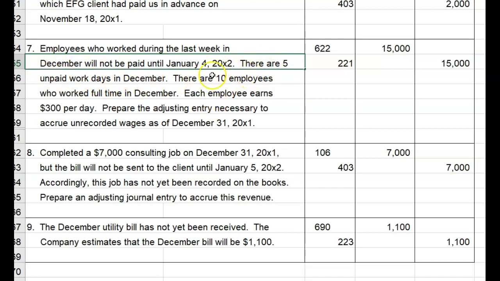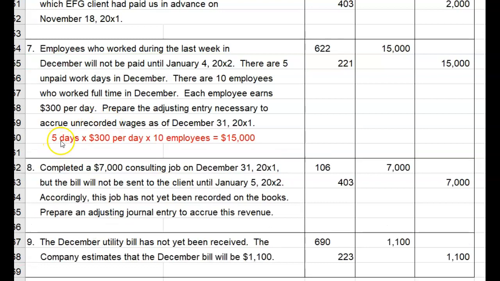There are 10 employees who worked full-time in December, and each employee earns $300 per day. We're going to debit salaries expense and credit salaries payable for the amount of accrued wages for those 5 unpaid workdays in December. And here's the calculation.